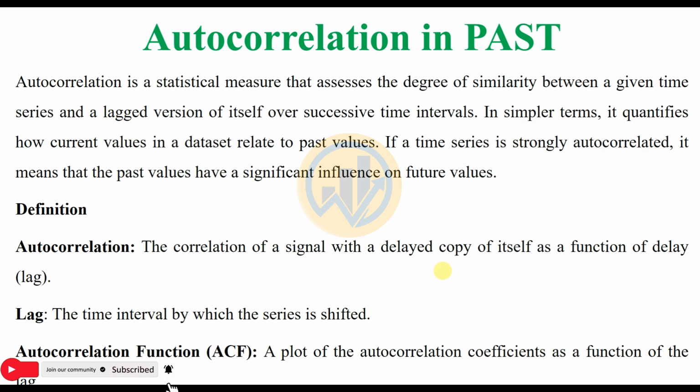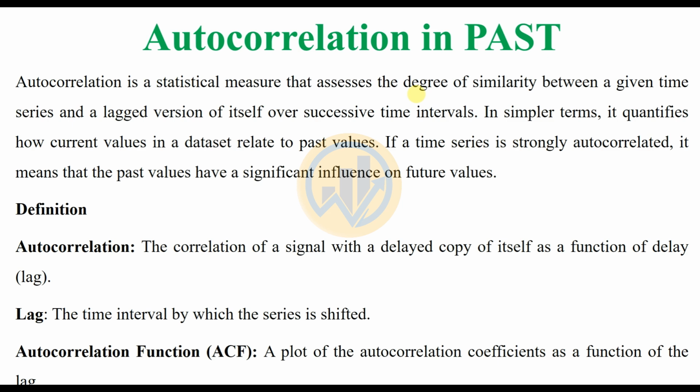Now we are discussing the topic of autocorrelation in PAST statistical software. So what is autocorrelation? Autocorrelation is a statistical measure that assesses the degree of similarity between a given time series and a lagged version of itself over successive time intervals.